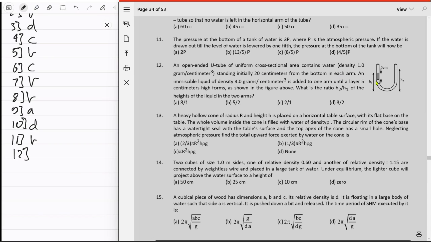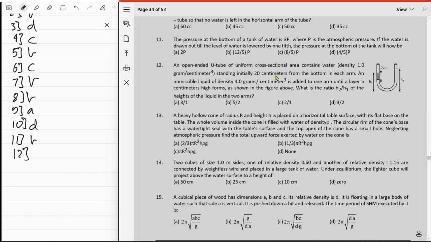Standing initially at 20 centimeters from the bottom in each arm, right? You want the ratio of these two. I don't like this particularly. So this is H2, this little thing, and this is whatever initial height you had.